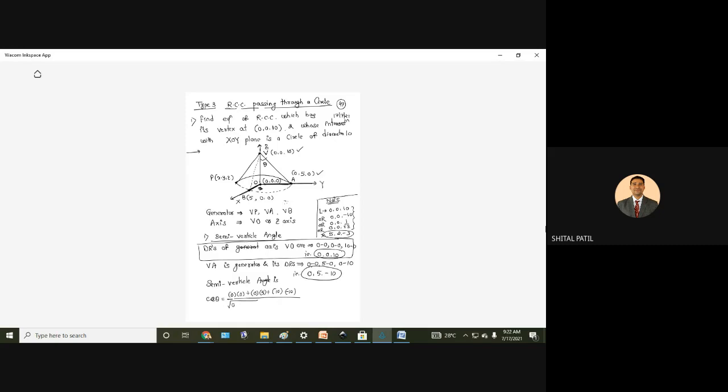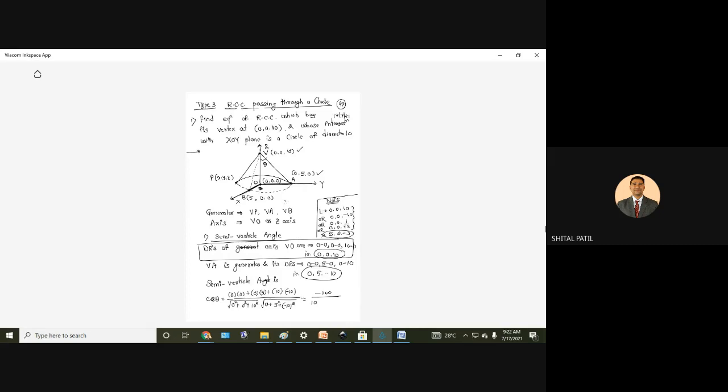ठीक आहे. सर 0 square 0 square 10 square. Okay, then 0 square 5 square minus 10 square. So minus 100 divided by this is 10 and this is I think 125.